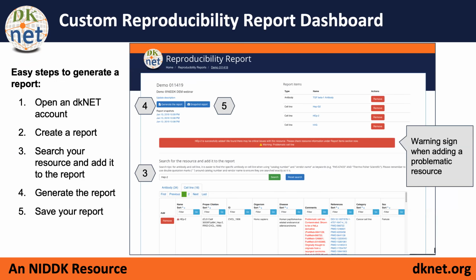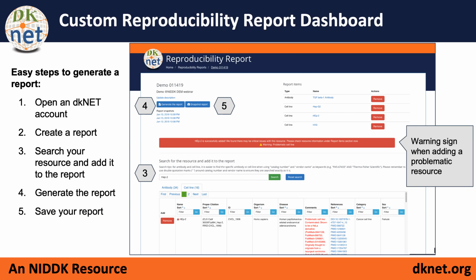And so within the reproducibility report, once you log in, you're actually able to create a report for each experiment. So each experiment basically becomes its own collection of items that you wish to add. And so, for example, here you see one antibody and 3 cell lines that have been added.